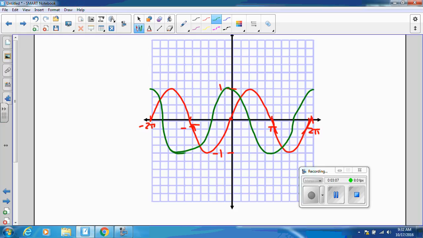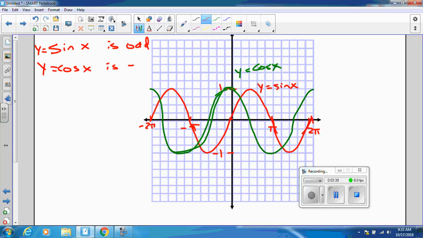I do my best to draw it so that we have origin symmetry for sine. In other words, sine is odd, and we have y-axis symmetry for cosine because cosine is even. Okay, and there are our graphs.